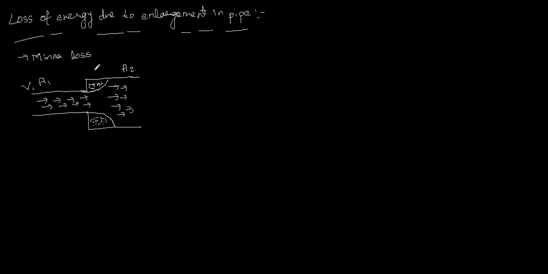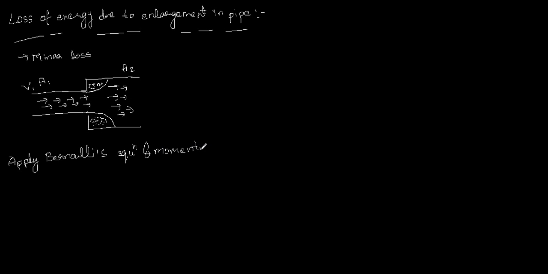So this loss of energy we need to find out. For finding this loss of energy due to the eddies formation, which are due to the variation in the velocity, for deriving an expression we have to apply the energy equation, which is Bernoulli's equation, and second we need to apply the momentum equation, the momentum principle.